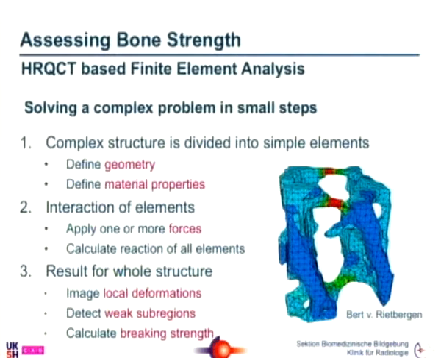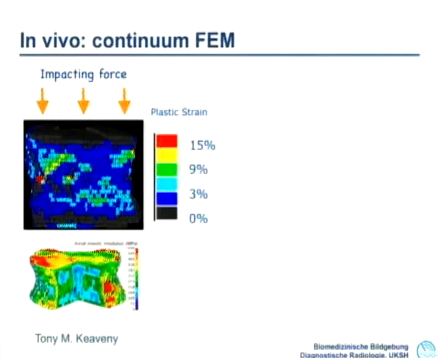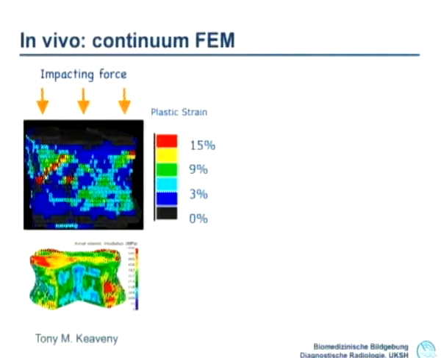And then you see if you put a load, a simulation in the computer on that bone, you see the red areas here where the bone is under greatest strain, and that are the areas that are likely then to fracture. And you can apply this, for example, to the vertebra, of course, and you see where are the weak spots in the vertebral body.